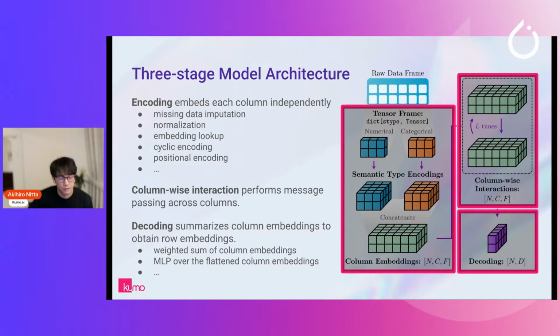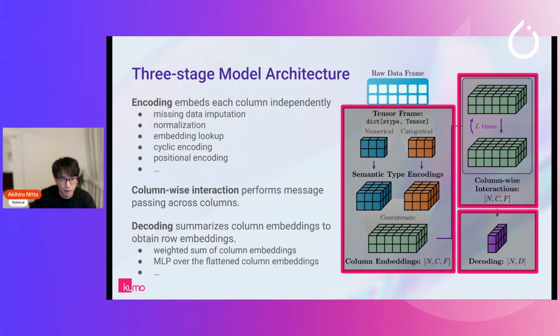So now I talked about data materialization, data preparation. Now you have to model your tabular model. The way we structure it, the modeling part is divided into 3 stages. One is encoding, another one is column-wise interaction, and the last part is decoding.